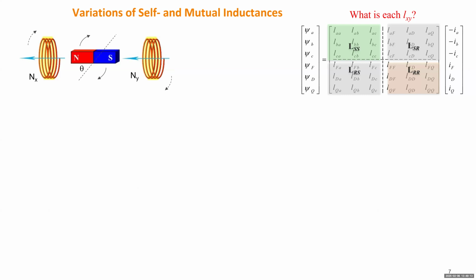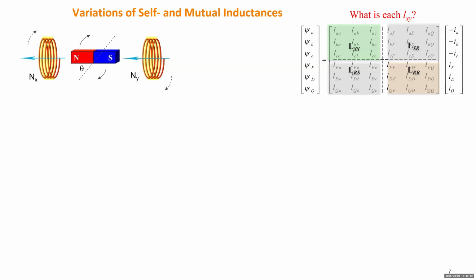Next we are going to figure out whether those inductances will change with time. Here we assume the rotor revolves at angle theta, and theta is a function of time. To evaluate each self and mutual inductance, we need to find the formula to calculate the inductance.